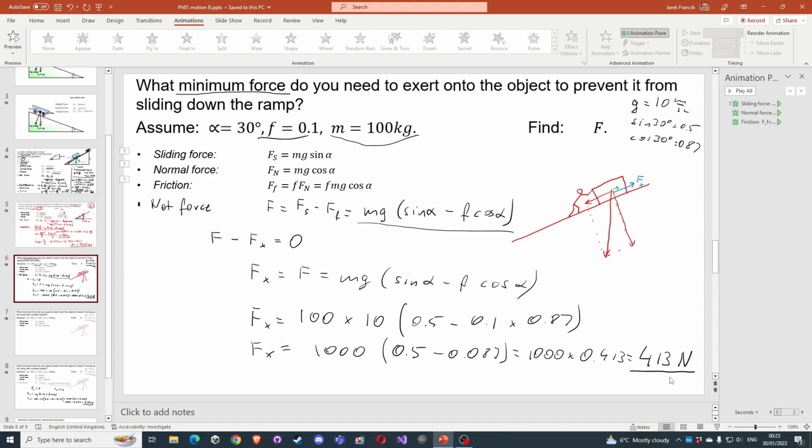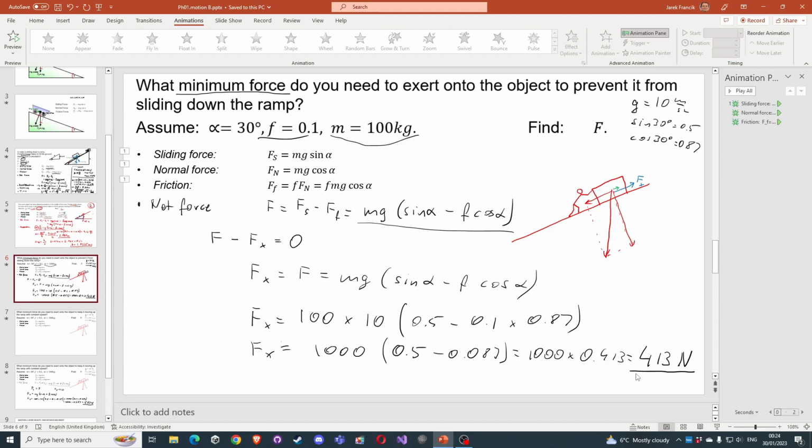So what really happens if you are standing here trying to push the block up the hill, but you are too weak to exert the minimum force to prevent it from sliding down, so you push it with anything lower than 413 newtons? The object slides down because you cannot prevent it, it crushes you and you die.